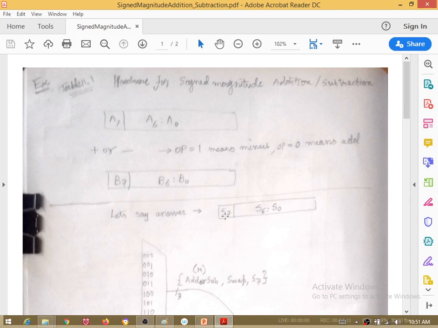Remember that in our process we have to determine the sign of the final answer ourselves through that table. The magnitude of the final answer we will determine by either adding or subtracting the magnitudes of A and B. Sometimes it is possible that we could be doing B minus A rather than A minus B. That is a function of the table that we saw earlier.